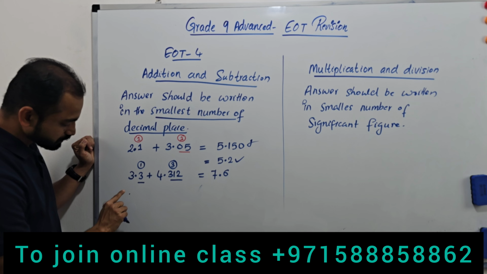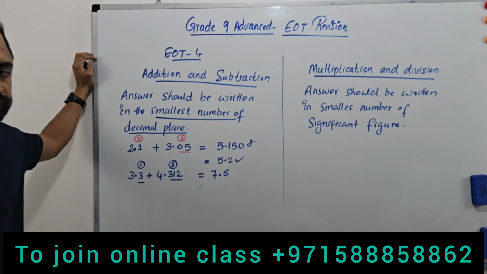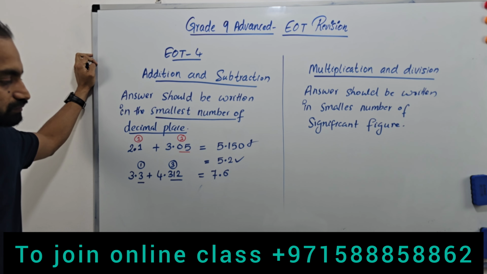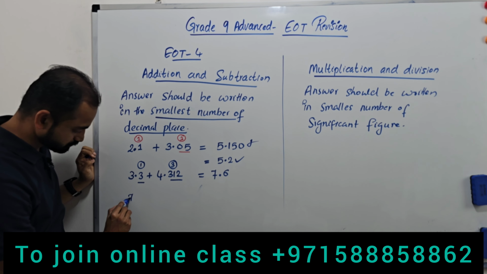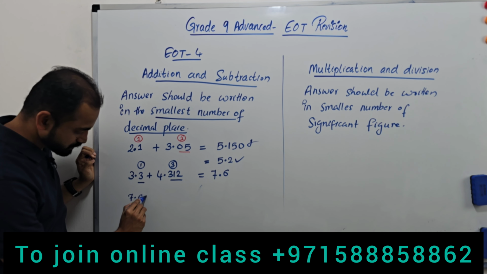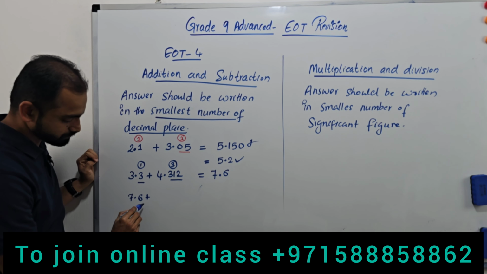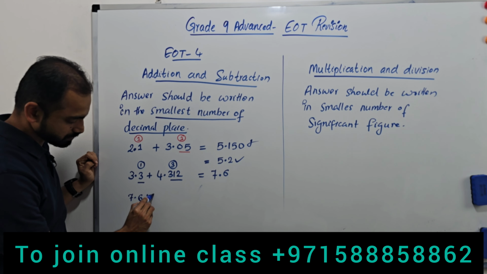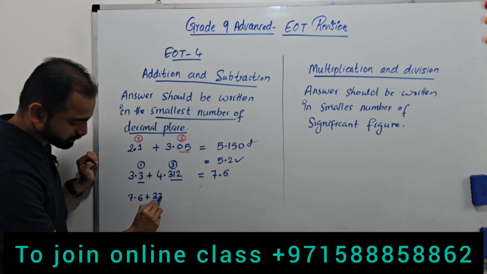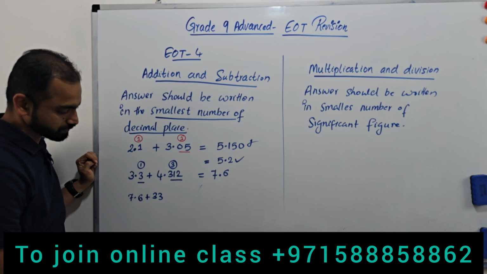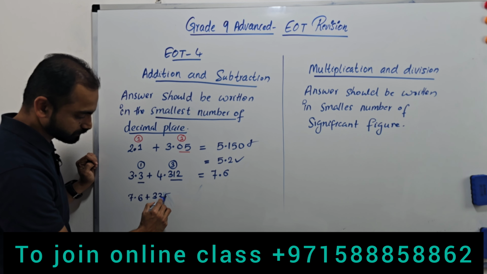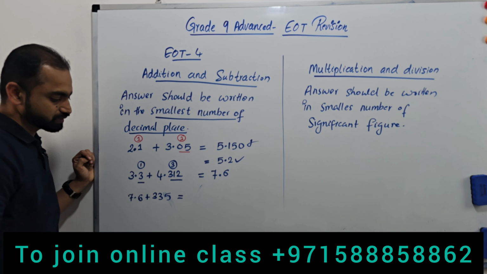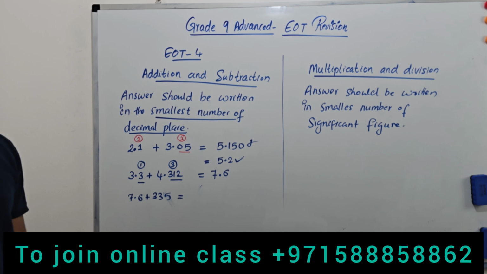But I have a question. Yes. If I get a question like 7.6 plus a bigger number, 335 for example, any number, right? So here there is no decimal place, right?